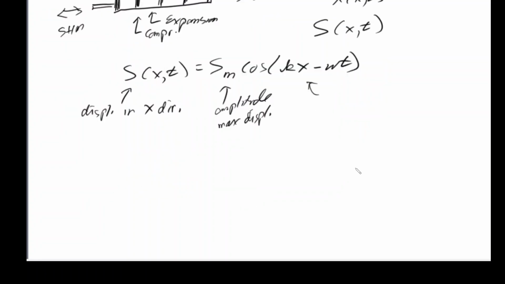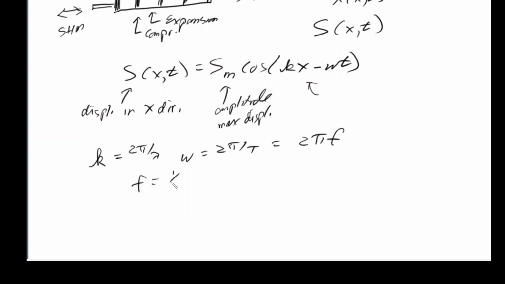And as with transverse waves, we have our definition of terms. k is 2 pi over lambda. Omega is equal to 2 pi over T, which is equal to 2 pi f.